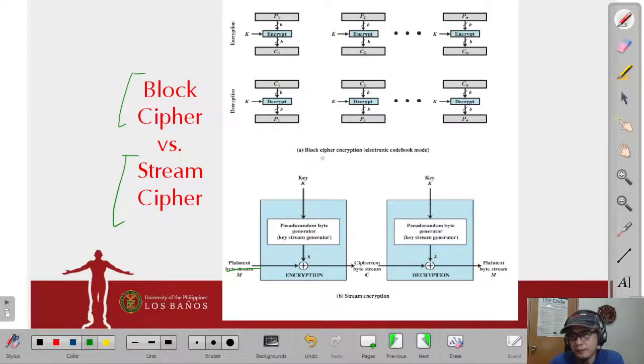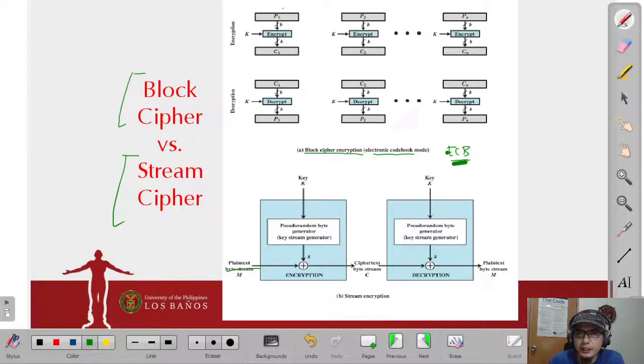This is an example of a block cipher system using what we call electronic code book mode, ECB mode. In block ciphers, we have different modes of operation, which we will discuss later, but the basic one is called the ECB mode. And this is how it's done.